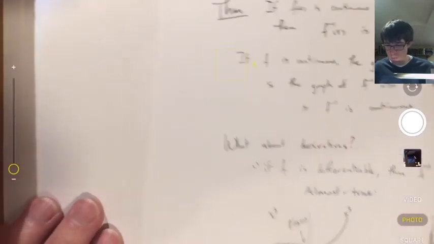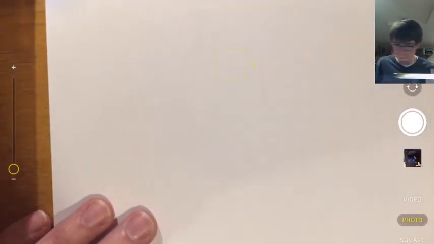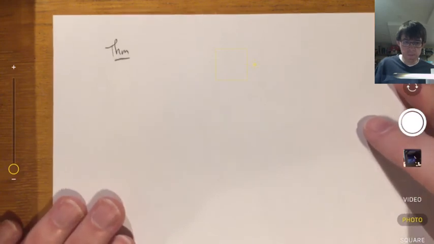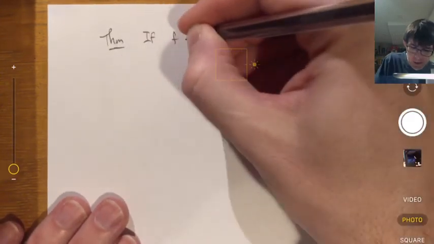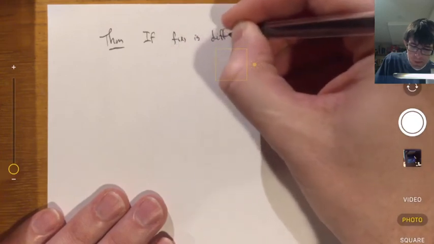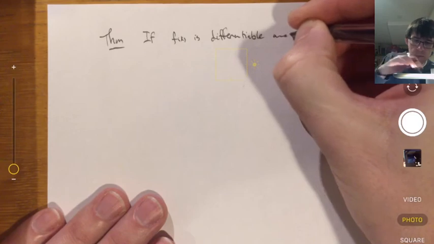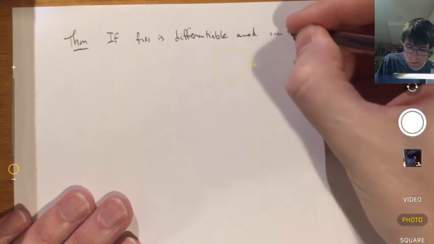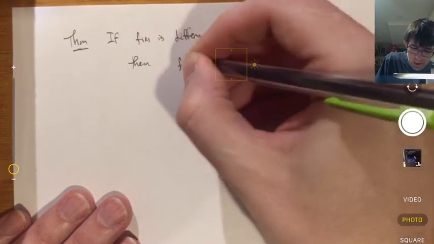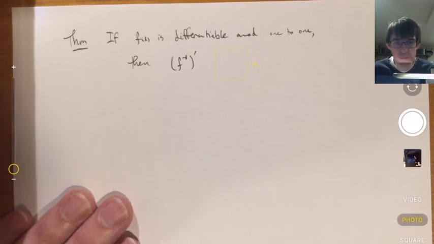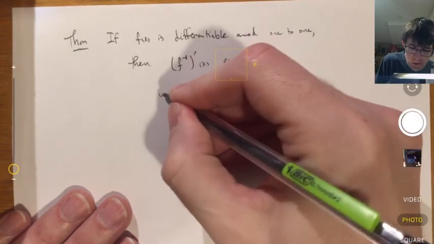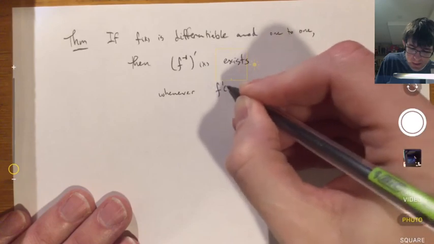So the true theorem that I'm going to write about differentiability is, move it down, if f of x is differentiable and 1 to 1, it has to be 1 to 1 in order for the inverse to be a function, then f inverse prime, the derivative of the inverse, f inverse prime of x exists, that is, the derivative exists, whenever f prime of x does not equal 0.